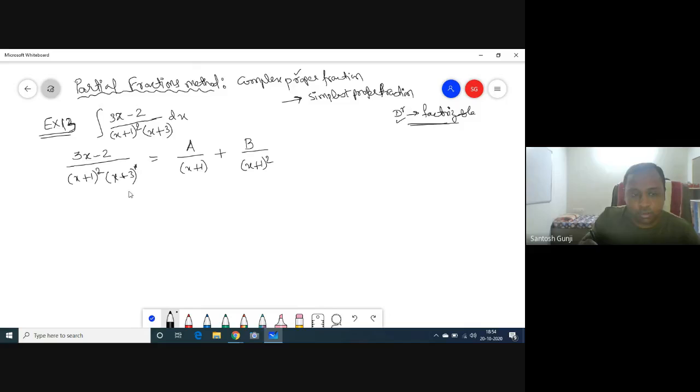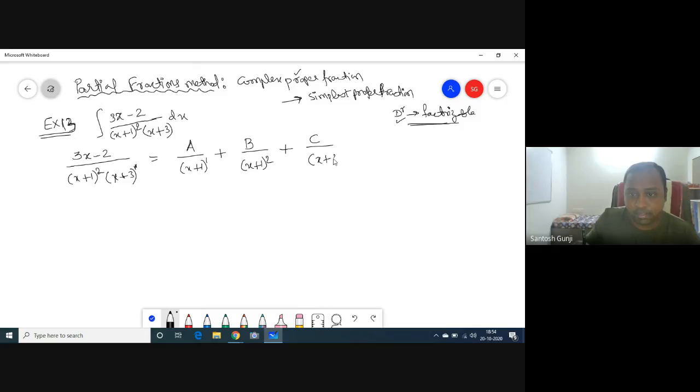If the power is 2, we start with power 1 and then power 2. If the power is 3, then 1, then 2, then 3, and so on. The power increases step by step. And then the third factor gives C by (x plus 3).